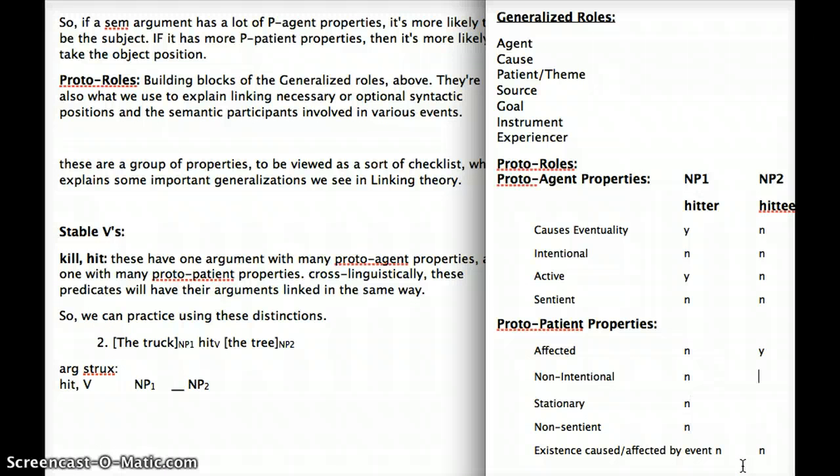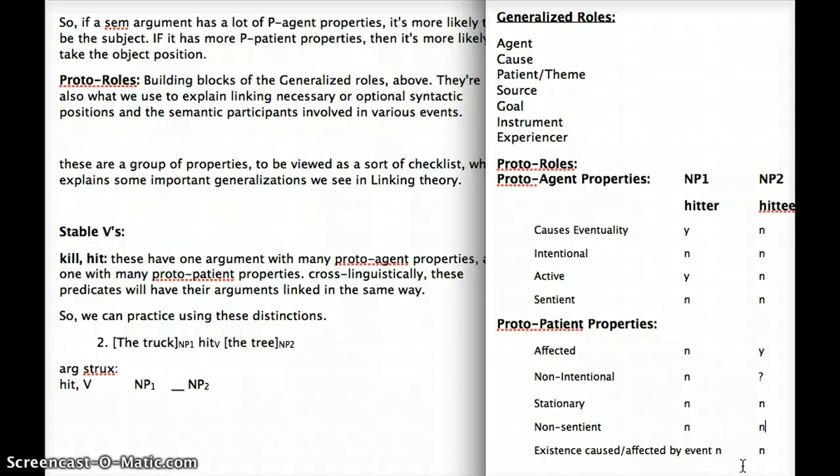So then we look at the hittee's properties, and the tree in this situation in sentence 2 is non-intentional. I'm not sure it has to be, but in any case, it is a bit more stationary, but perhaps doesn't need to be.